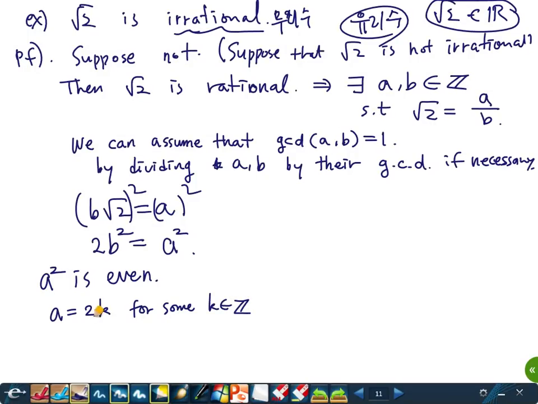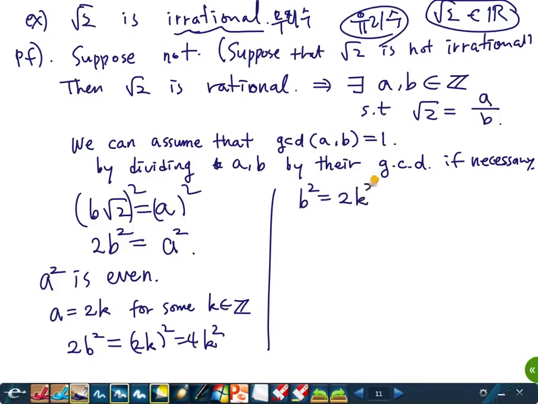Now substitute 2k here. Then 2b squared equals (2k) squared, which is 4k squared. Now divide both sides by 2, then we get b squared equals 2k squared. So b squared is an even integer. That means b is an even integer. So b must be written in this way, 2l for some l.